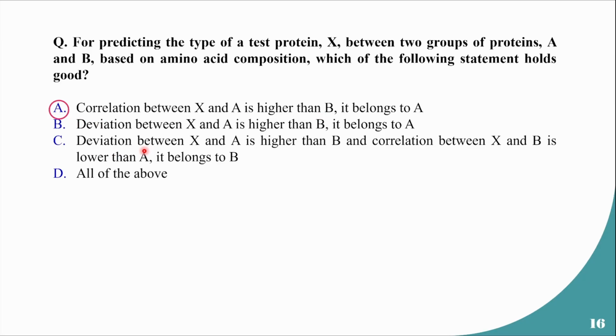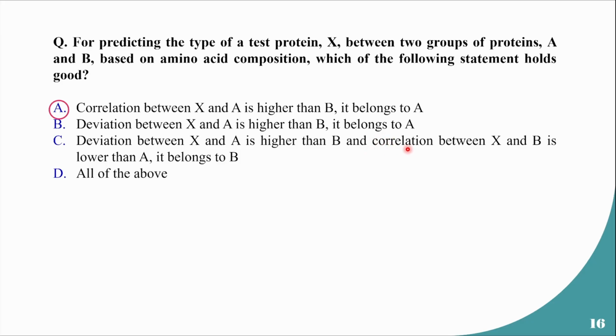For option C, again, it is saying that the deviation between X and A is higher than B. That means, since X and A have higher deviation, it should belong to B. But there is another statement that needs to be considered here.